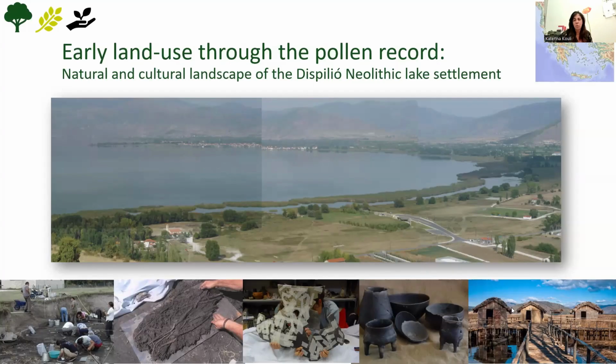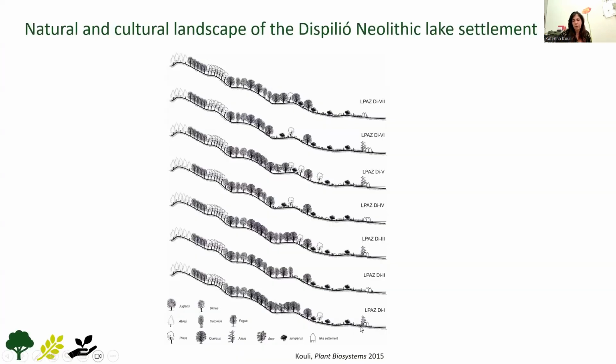Starting from 7.5 thousand years to 5.5 thousand years before present, this is the vegetation development of the landscape. And if we want to read this, we can see the beginning. This is the inauguration of people in the area.